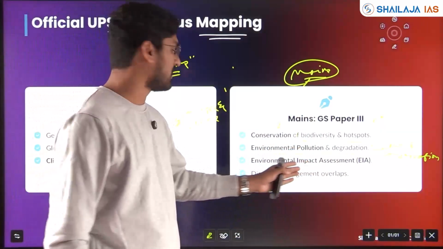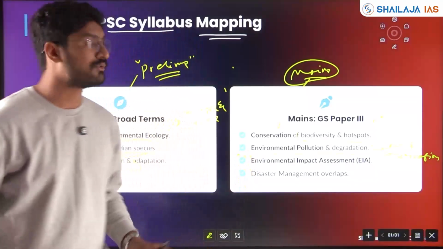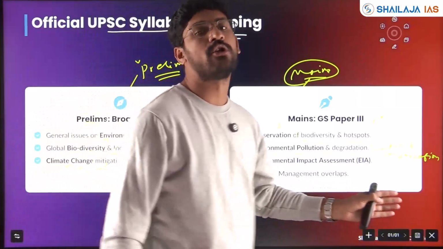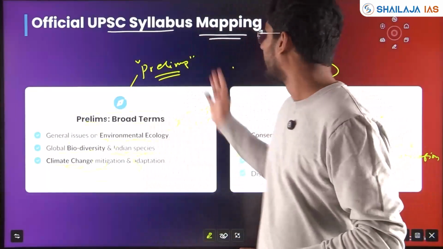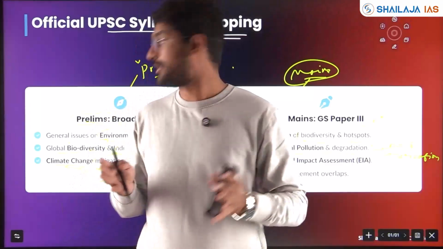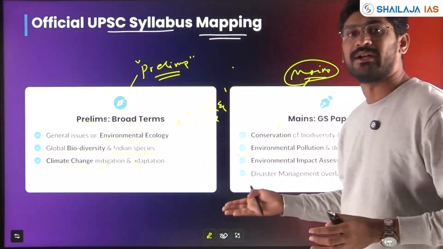And the environmental impact assessment, the recent amendment which is in the news with respect to EIA, and disaster management also overlaps with environmental science. So it's very comprehensive, and you have 3-4 important themes here and 3-4 important themes here.